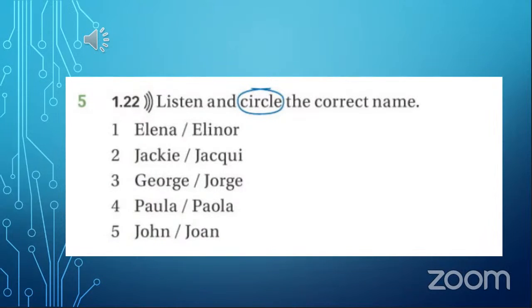Okay, spell, for example, E-L-E-N-A. That is spell. Spell, deletrear, okay? A-L-N-N-I. Okay, you say it was Elena. Interesting. Elena. Okay.